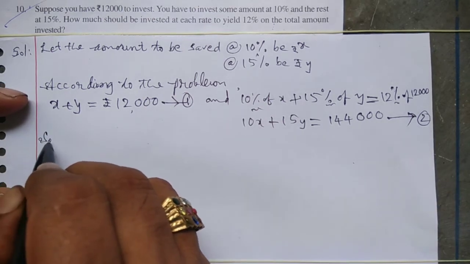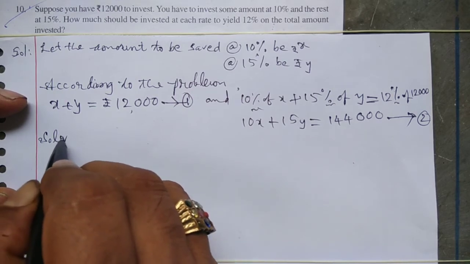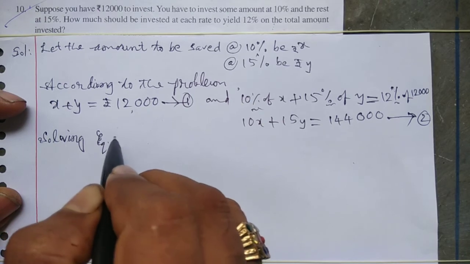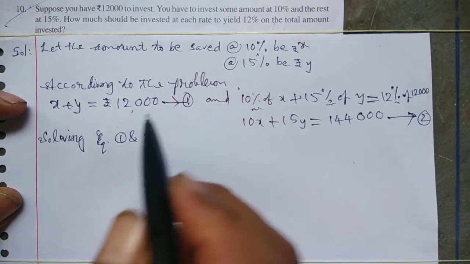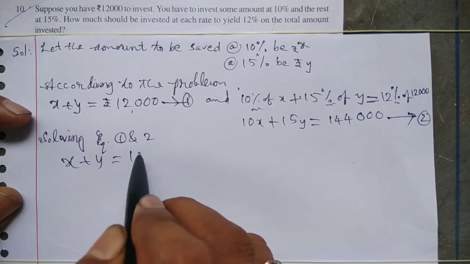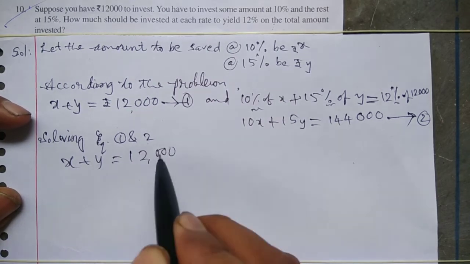Solving equations 1 and 2: x plus y is equal to 12,000.